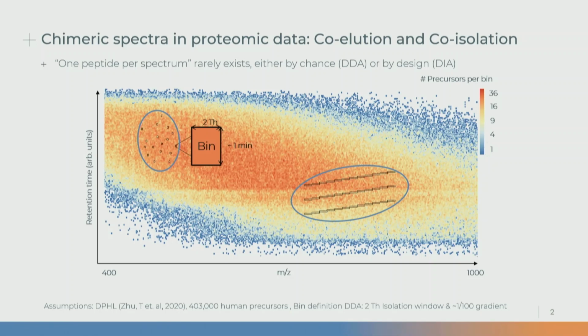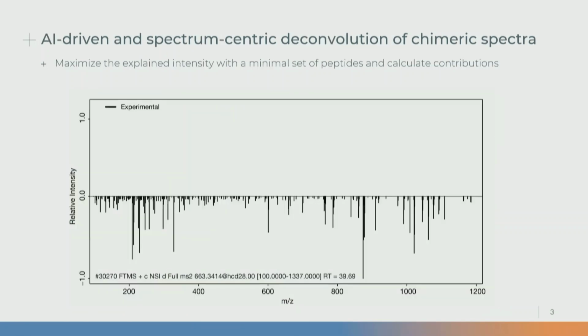So in order to really tackle this problem, not in DIA data per se, but in DDA data, we've developed an AI-driven algorithm for the deconvolution of chimeric spectra. And what we're doing here is really we take all peptide candidates in the isolation window and we let them compete at the same time for the experimental intensity. We don't do spectrum duplication, we don't do subtractive methods, we don't remove peaks from the experimental spectrum.